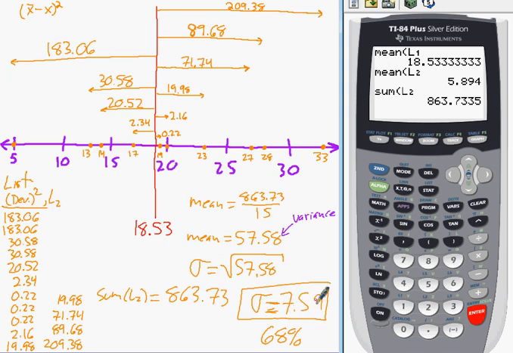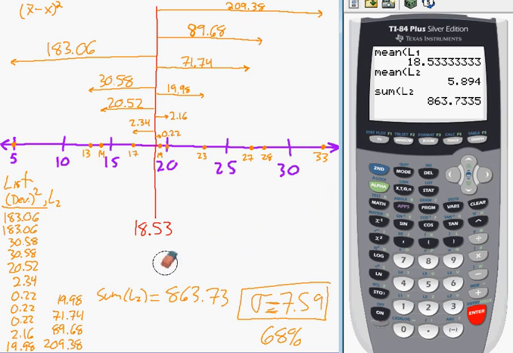So again, the sample standard deviation is a little bit bigger, a little bit more conservative. And if we go here and add our, I'm going to clear this a little bit so that we can see what I'm going to do next. Get rid of this too.